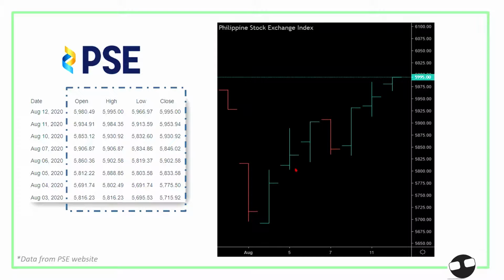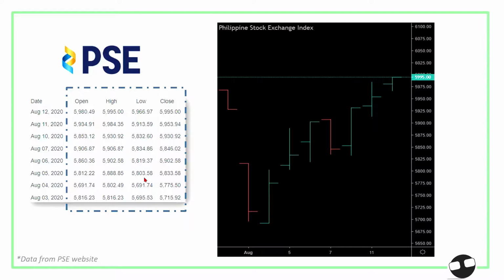August 5. Now the August 5 data shows that it actually opened at 5812. So this bar here is 5812, and the high is actually 5902, so this data point here.